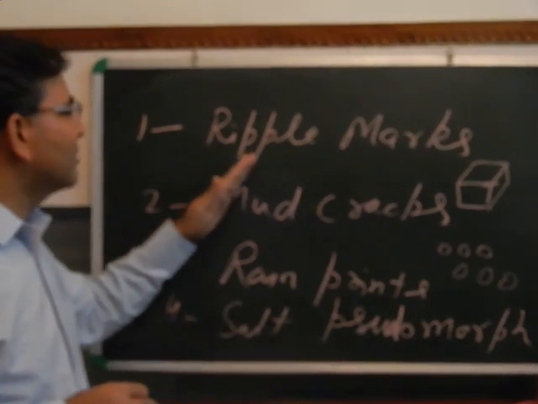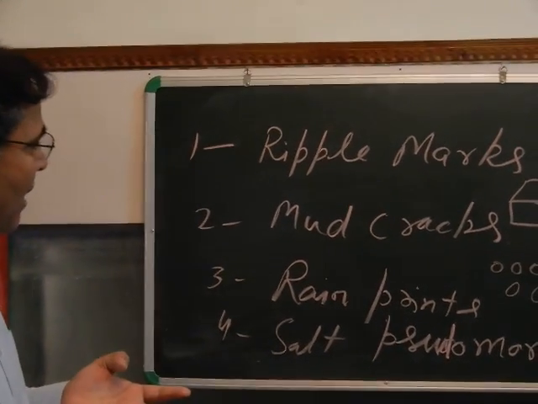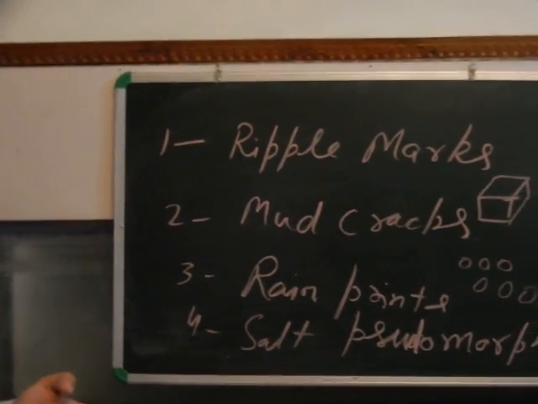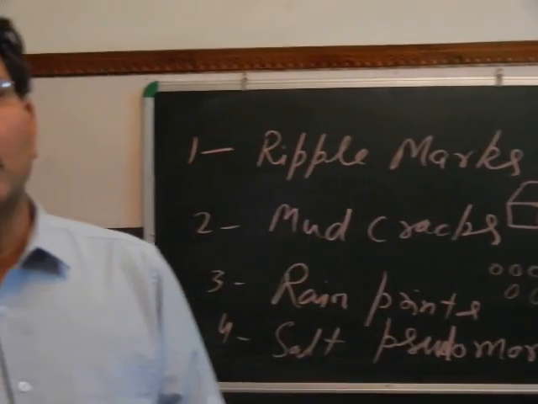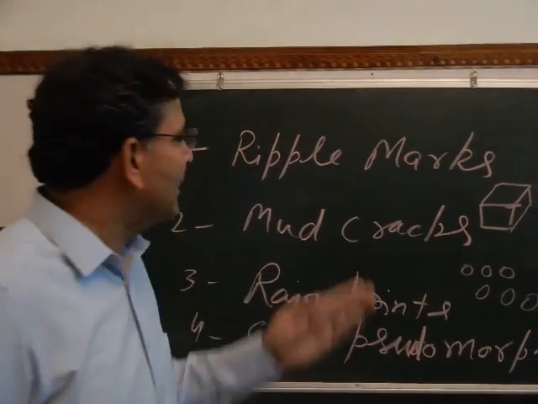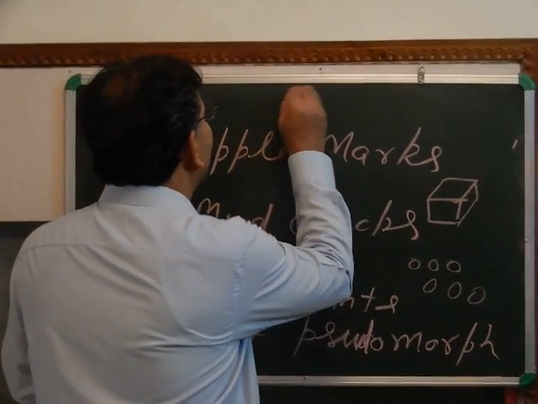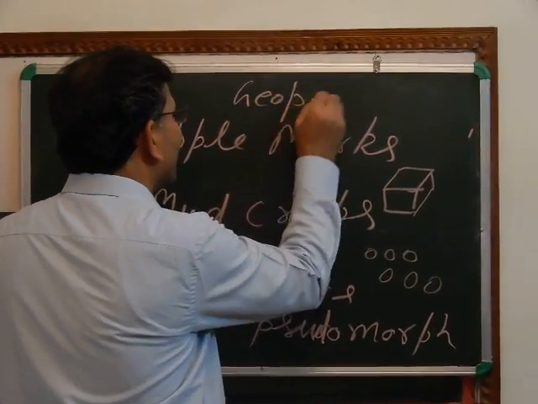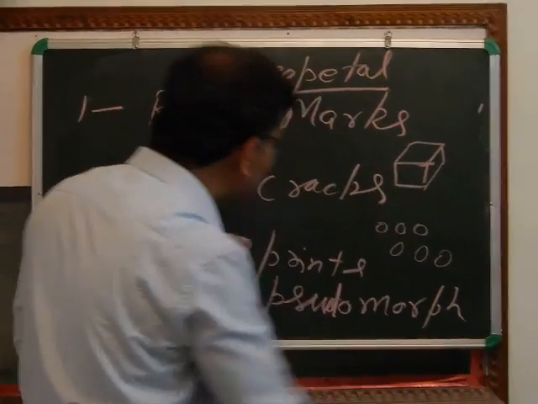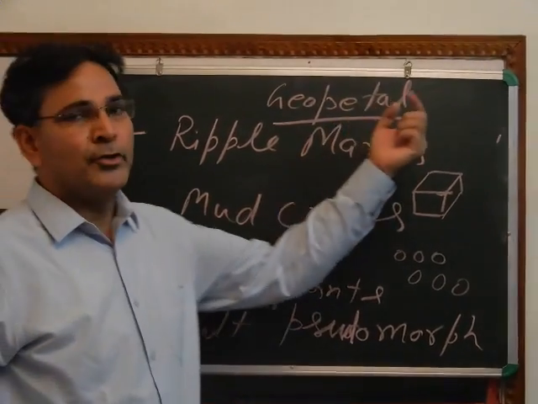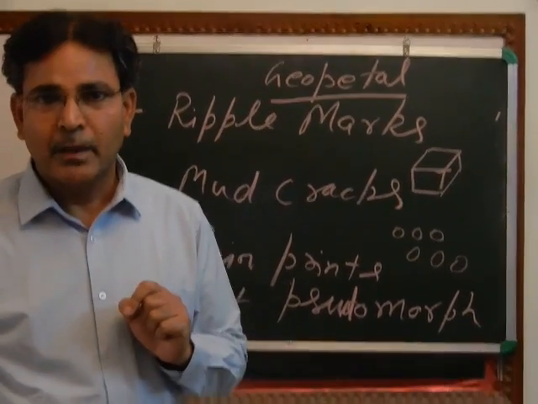So all these sedimentary structures, the ripple marks, the mud cracks, the rain print, and the salt pseudomorph, which are formed at the top surface of the bed, are very important in the identification of top and bottom of a bed, and that's why all these sedimentary structures are known as geopetal sedimentary structures.